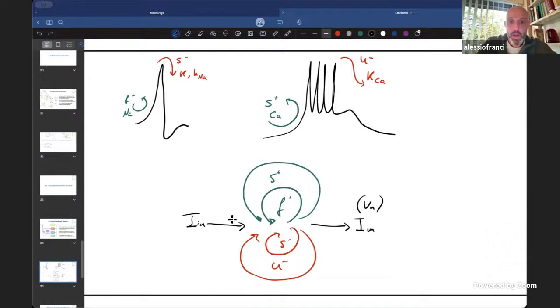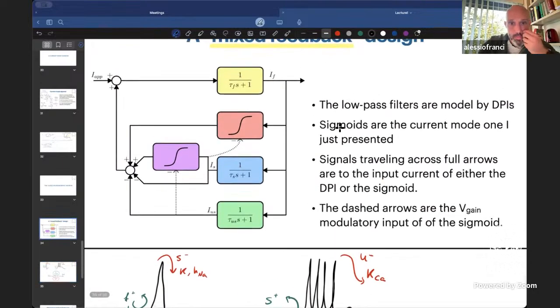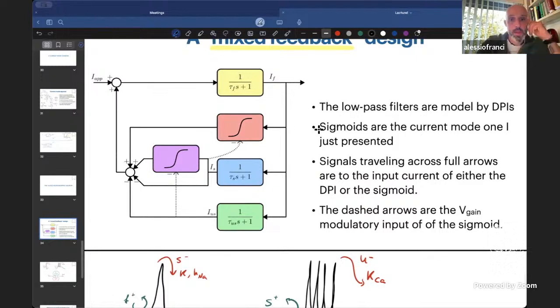You have an input variable, which is the applied current, and an output variable, which in neurons is a voltage and in our case is a current. What's important is to re-implement the same feedback structure to achieve the same qualitative behavior as a real neuron, but in a power efficient and small electronic design. And so the idea is to use the two building blocks that we have.